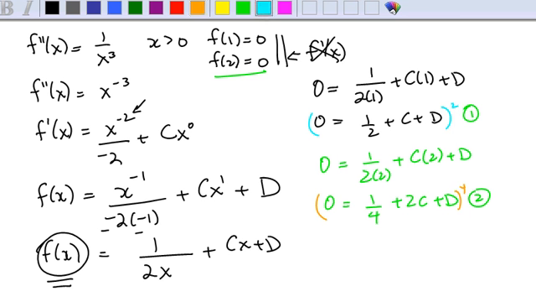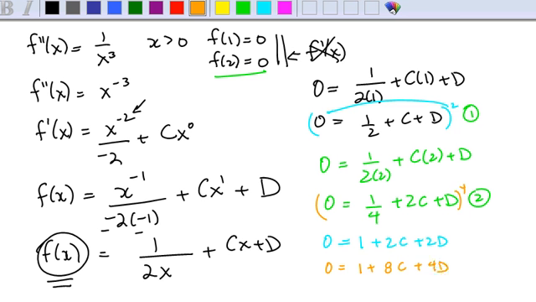So the first one, multiplying everything by 2, 2 times 0 is 0, equals 1 plus 2c plus 2d. And doing the same thing with the 4, I have 0 equals 1 plus 8c plus 4d.